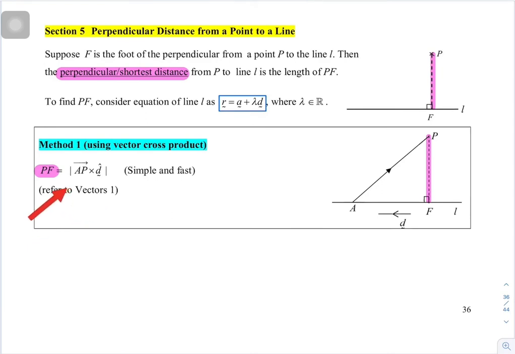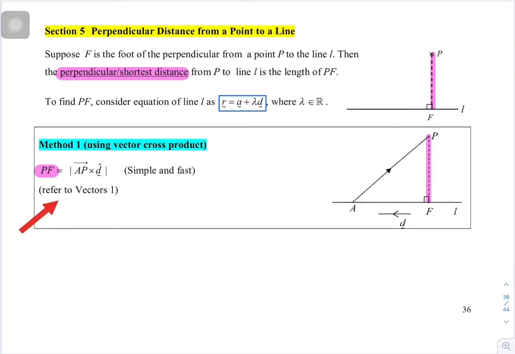To find this distance PF, we find the modulus of the vector AP cross with the unit vector of the direction vector of the line itself, right? So this is a formula based on vectors 1.